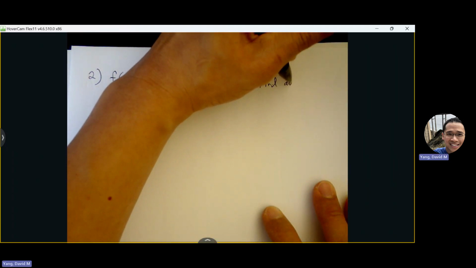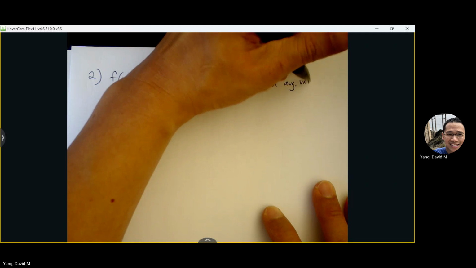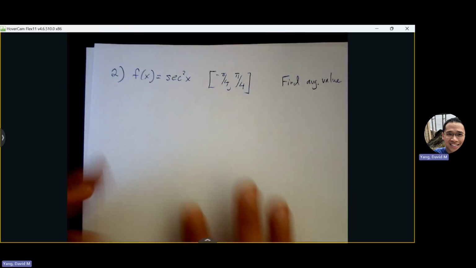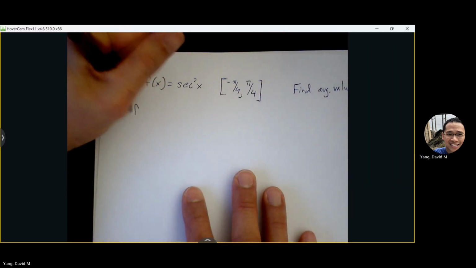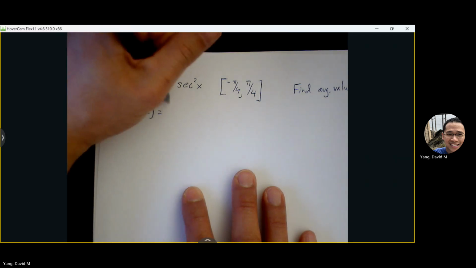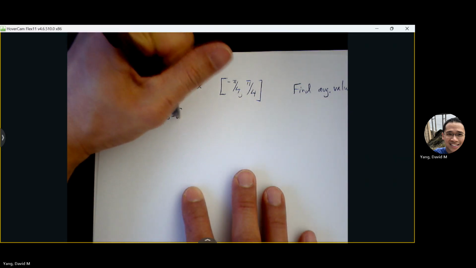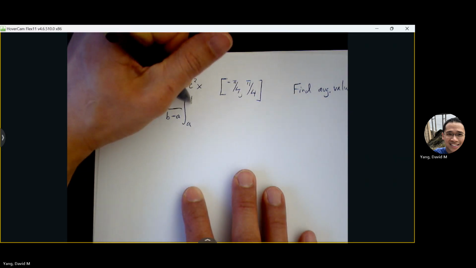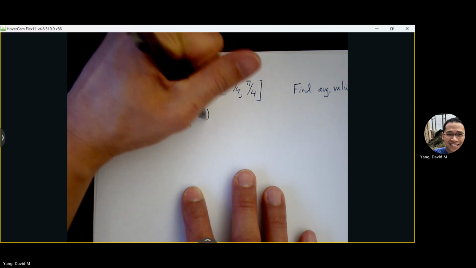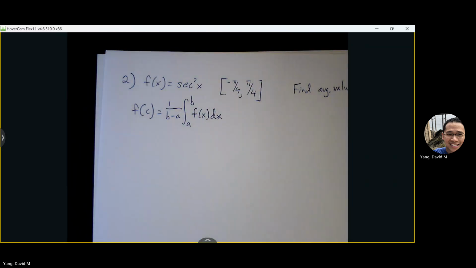Find average value. So same formula. Replace all the a and b values with negative pi over 4 and pi over 4. Replace f of x with secant squared of x.